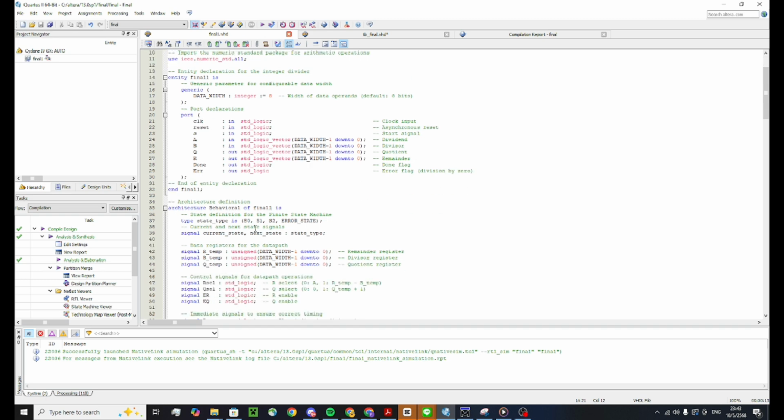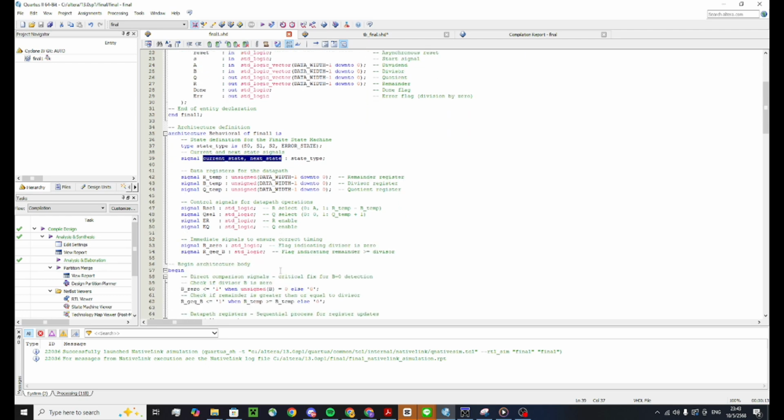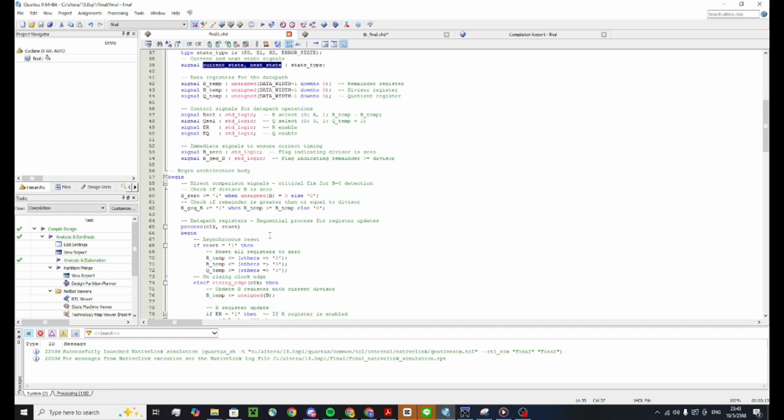For the signals, we have rtemp, btemp, qtemp, and we also store the FSM state in the current and next state. We also have the CO, check, and comparator here.